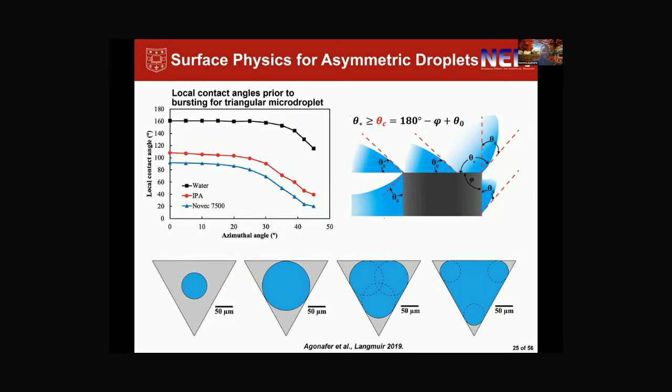They are the same. However, because you have a non-uniform buildup of liquid for asymmetric droplets, the critical contact angle is reached faster for these asymmetric droplets. And therefore, this is what is attributed to a smaller critical volume for asymmetric droplets compared to hemispherical droplets.